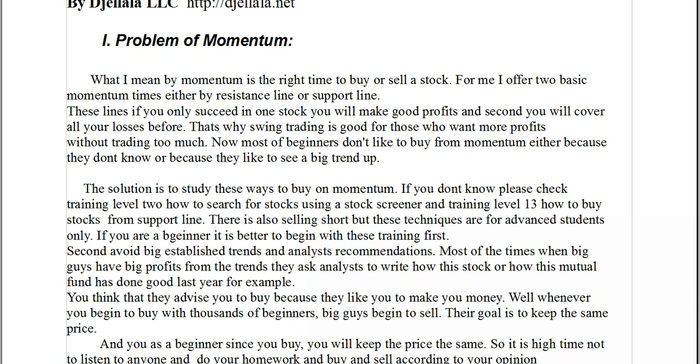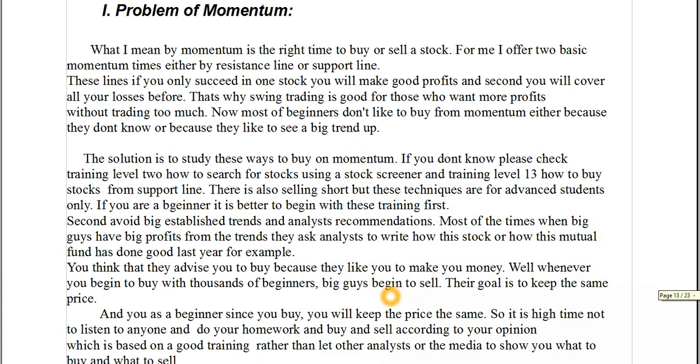So selling short, do it only in day trading. It's better, because you can close the trade as you like. But swing trading, you hold at night, it's very difficult. If you are a beginner, it's better to begin with this training first, which is training level 2 and training level 13.